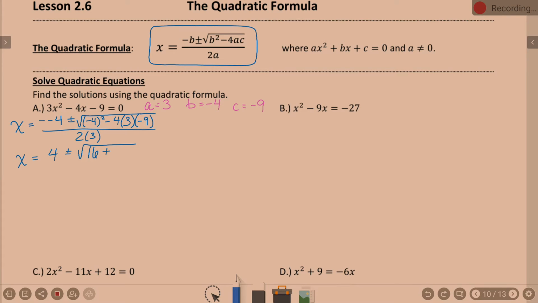My guess was 108, all over 6. So under that radical, do your squaring, do your multiplying of 4ac, and then clean it up. What is 16 plus 108? 4 plus or minus the square root of 124, all over 6.